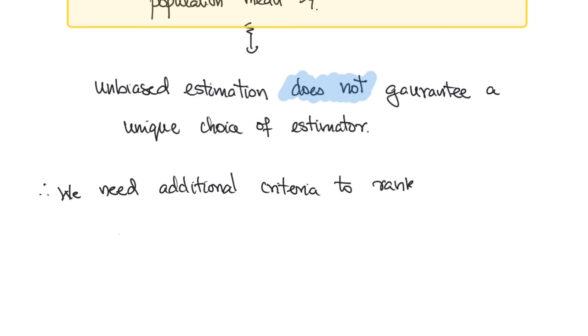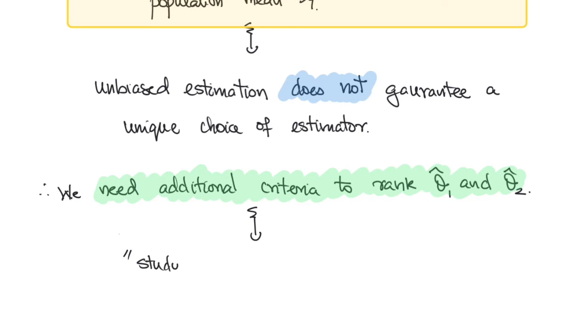Therefore, we need additional criteria to rank our estimators theta 1 hat and theta 2 hat. To answer this question, we will have to study the variance of an estimator.